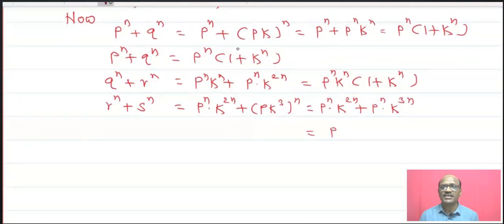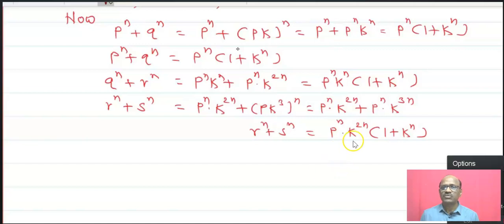Now, we will take p^n as common and k^(2n), then in bracket you will get 1 + k^n. That is, r^n + s^n = p^n k^(2n) (1 + k^n).